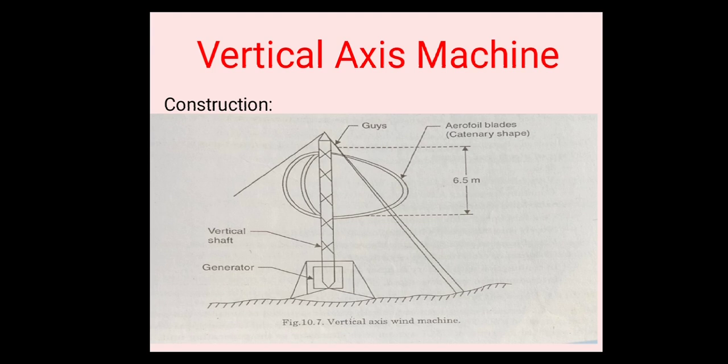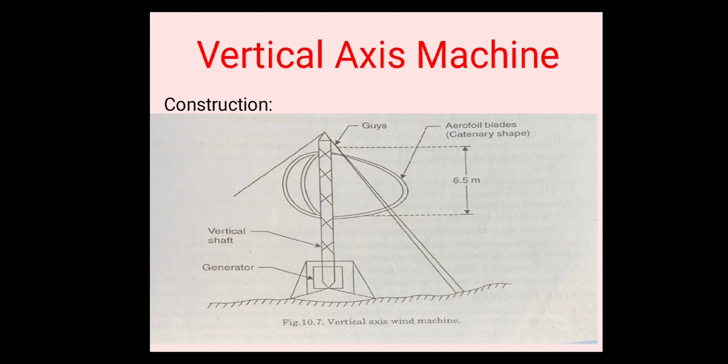Vertical axis machine need not be oriented with respect to wind direction. It does not take the advantage of the higher wind speeds at higher elevations above the ground. Vertical axis machines have different designs such as Darrieus, Savonius, etc. The efficiency generally varies between 30 to 35%.